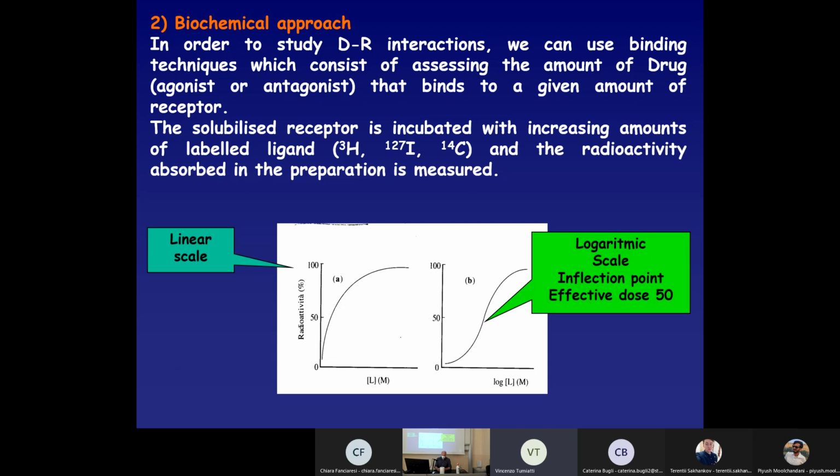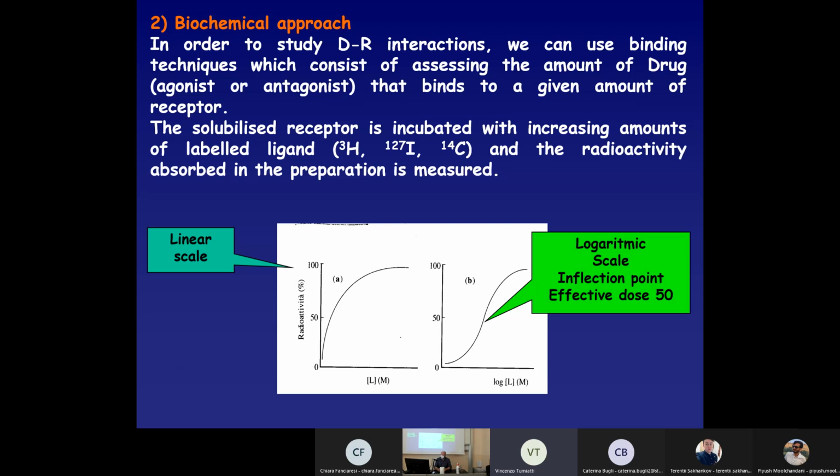The problem of this approach is related on the information that we can obtain from this type of experiments. Why? In this case, we measure only the ability of a single ligand to interact with a specific receptor.